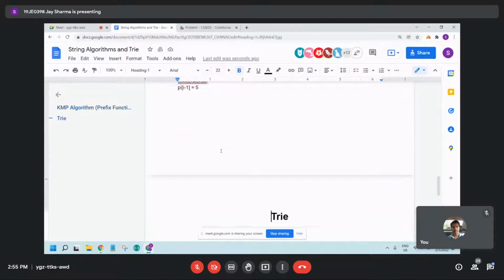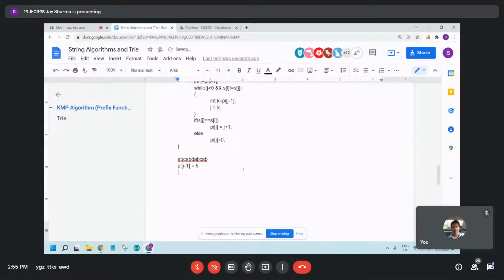Now let's say the next character that you need to check, pi of I that you need to check. So the string becomes abc abd abc ab, and then c. The next character is c. So first you have j equal to pi of I minus 1, which is 5.